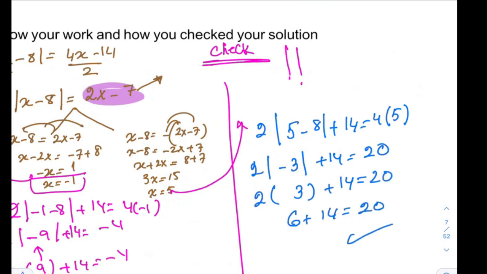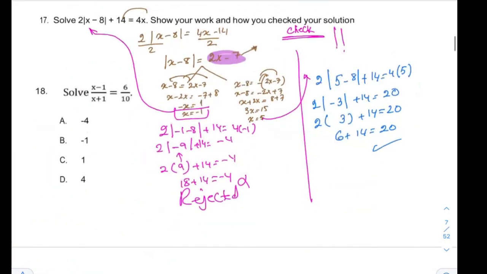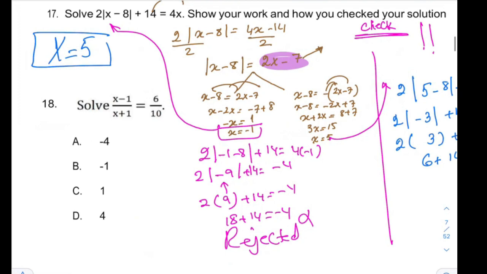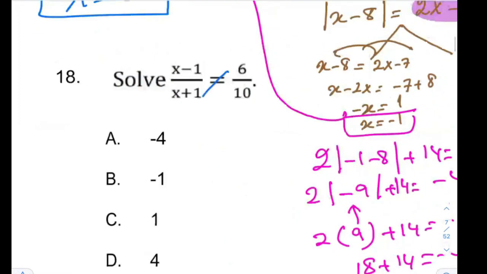Yes. So this is the only solution. The only solution here, that x equals 5. One solution only. Though we have 2, but we have to check since we have an expression in the other side.